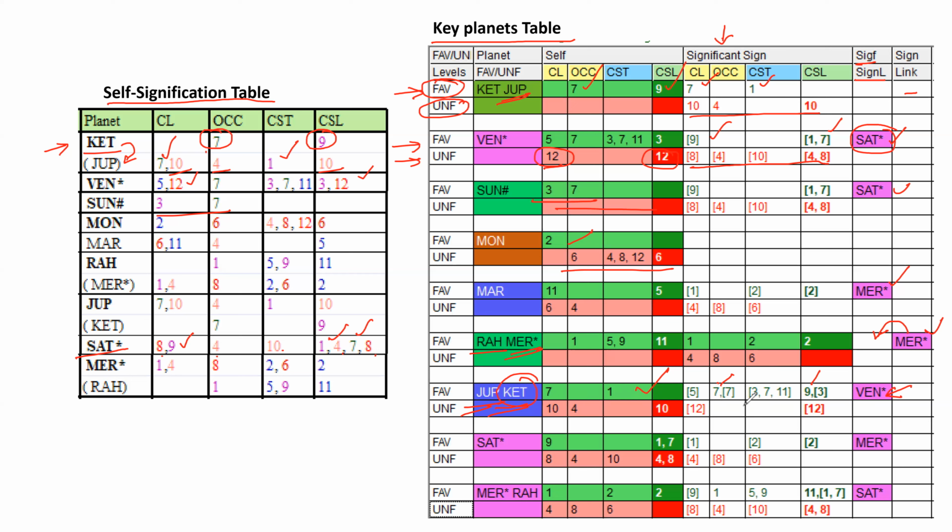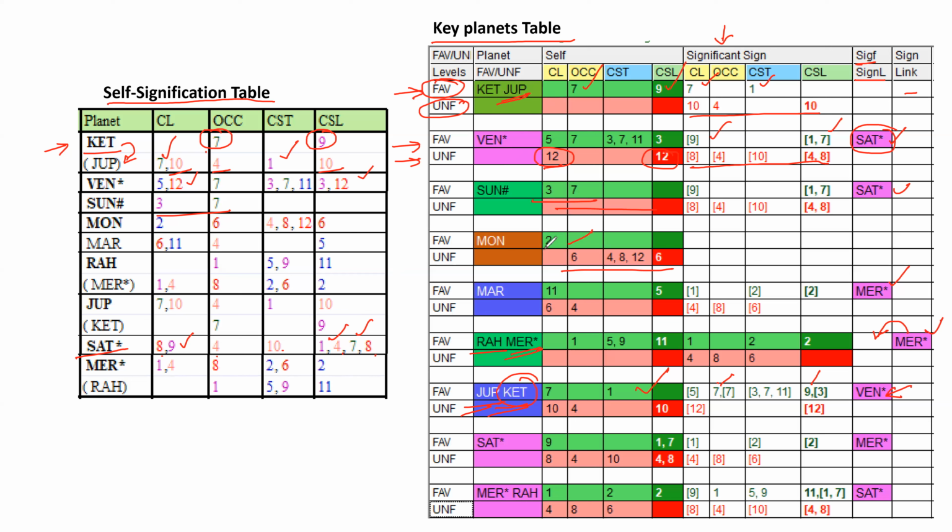So what I'm trying to say: in the self-signification table in the EPS table that we follow, each planet's favorable and unfavorable are shown in a single row according to the event. I mean, according to the event, only the color of the font will change, whereas the houses stay the same. But in this, favorable and unfavorable of each planet are shown separately.